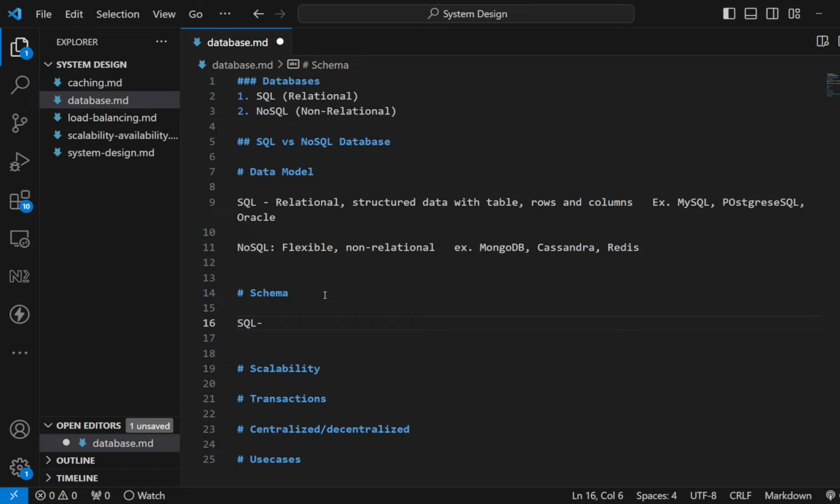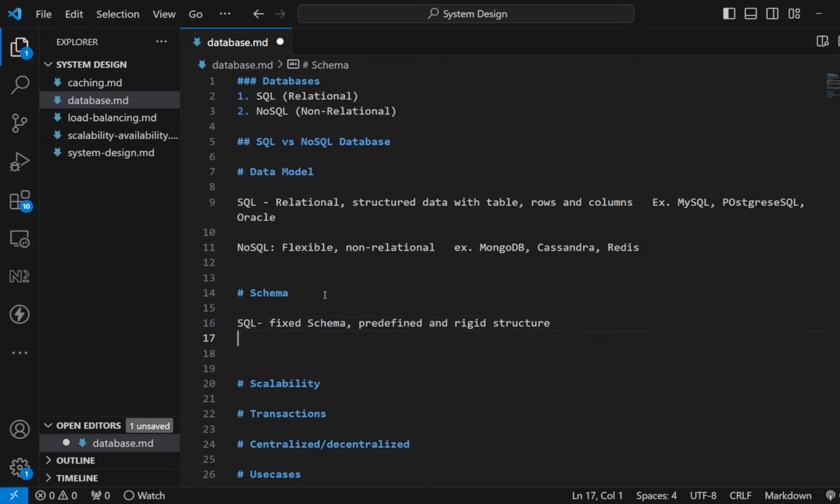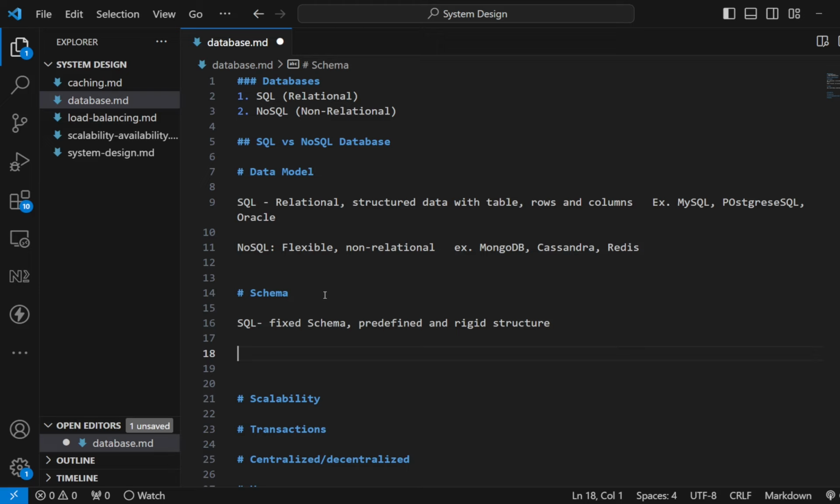So SQL has a fixed schema, a predefined and rigid structure. We need to define the structure before storing the data. And if in any case we want to change the structure, then it will be very complex.